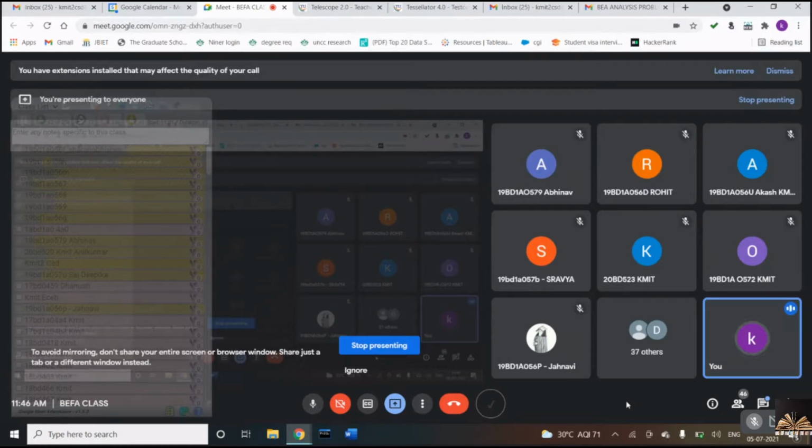Okay, divide the page into 3 columns. Particulars, year 1, year 2.